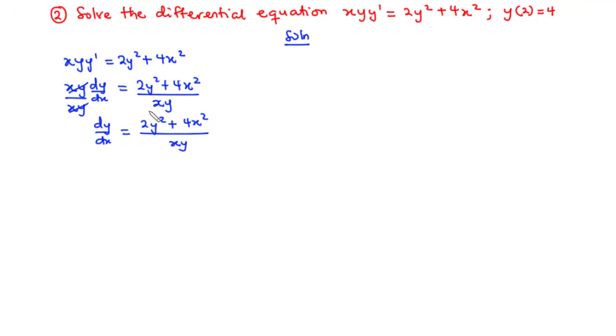Now for the function on top, we have the degree on y to be 2. We have the degree on x for this term also to be 2. Therefore the function on top is a homogeneous function of degree 2.